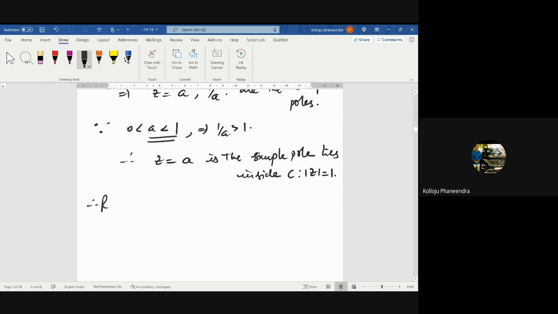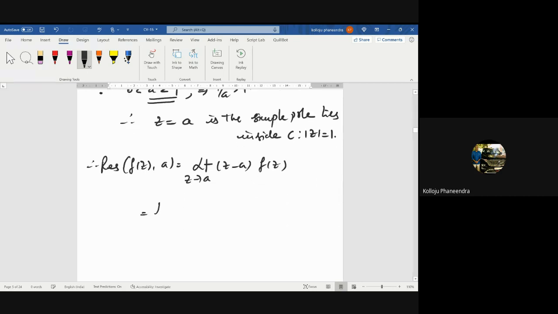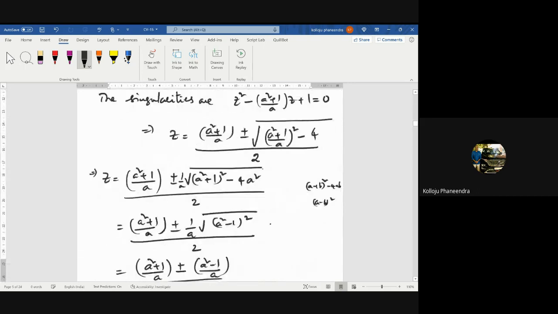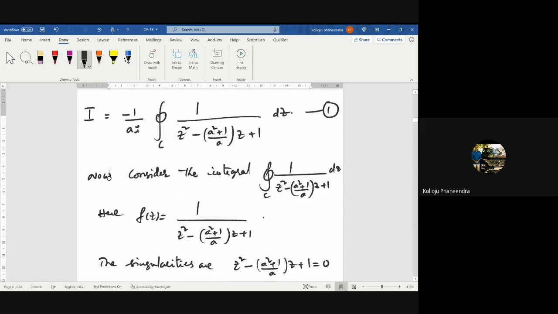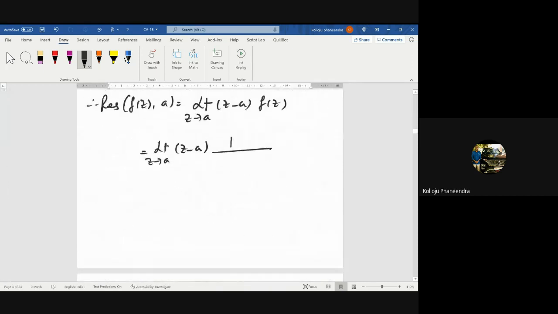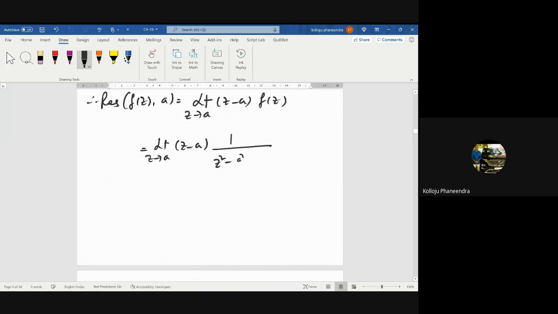Therefore, what is the residue now? Residue of f of z at a. Since it is a simple pole, what is the simple pole formula? Limit z tends to a, z minus a into f of z. So what is f of z? It is 1 by z square minus a square plus 1 by a into z plus 1.